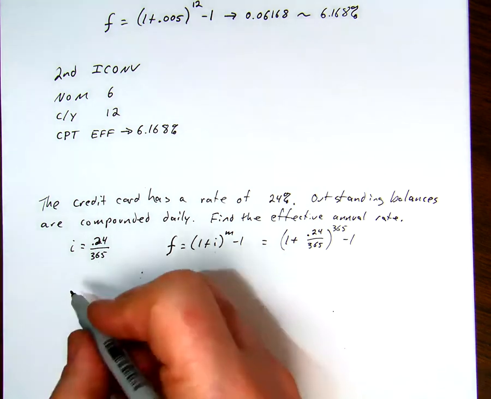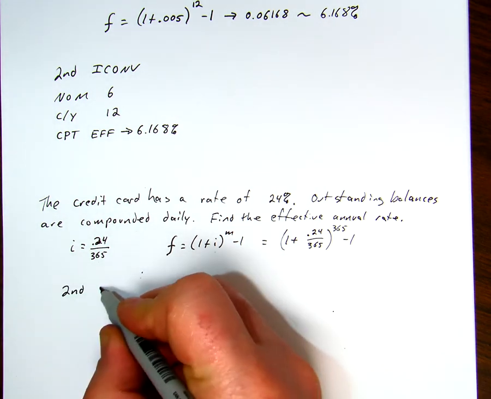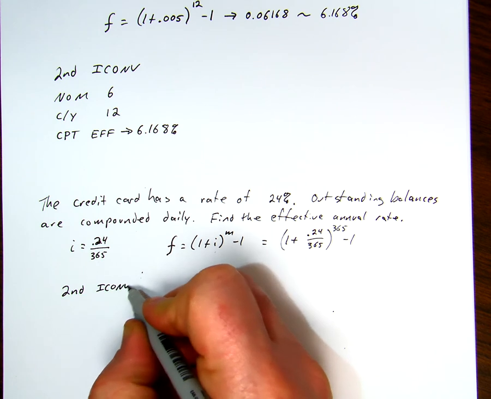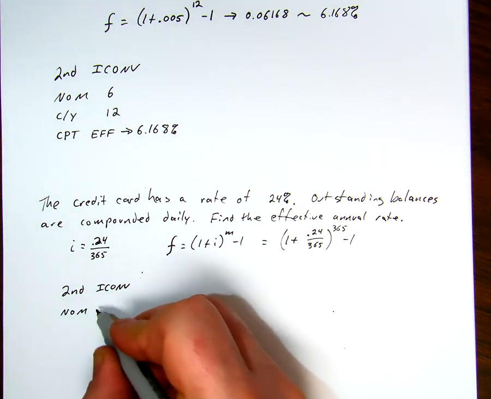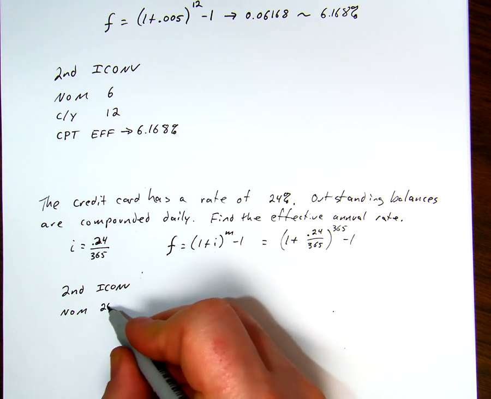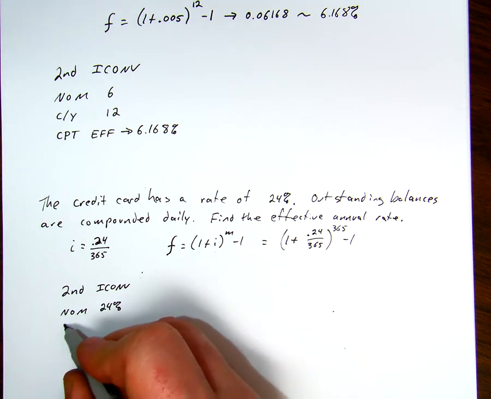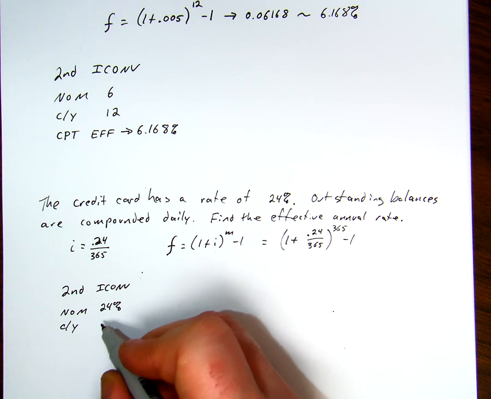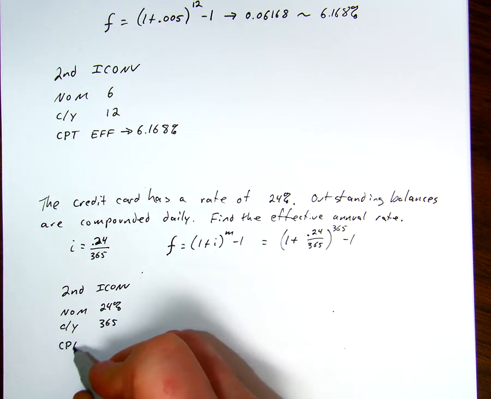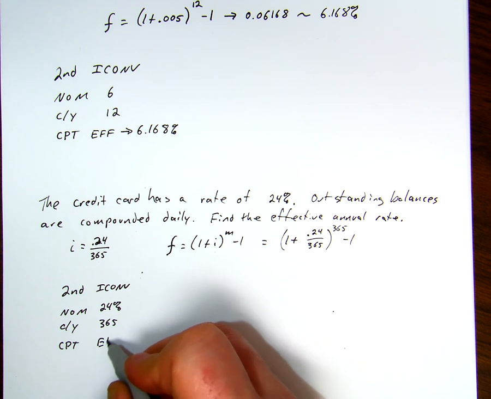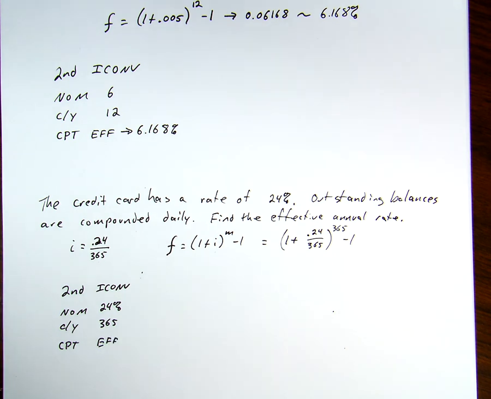Using the calculator, again, we say second function iConvert. Then we set the nominal rate equal to 24%. The compoundings per year is equal to 365. And we're going to compute the effective rate.